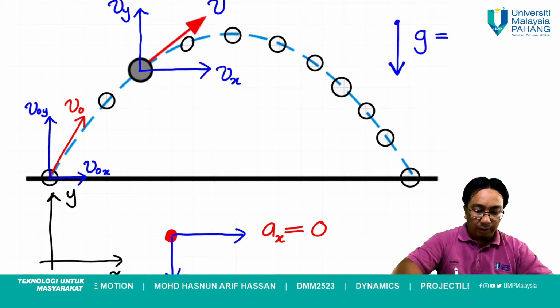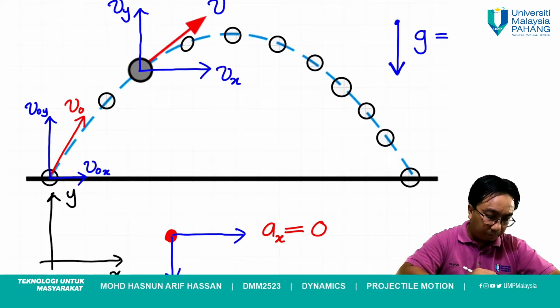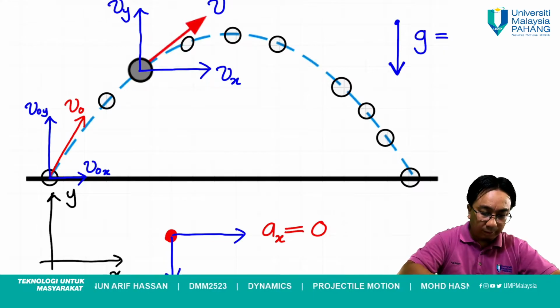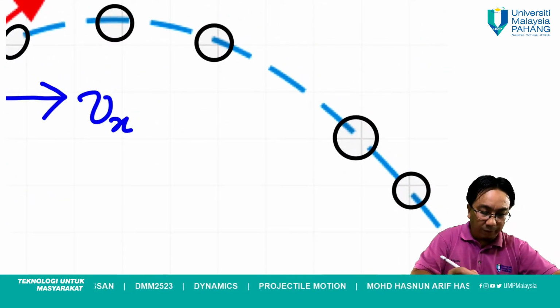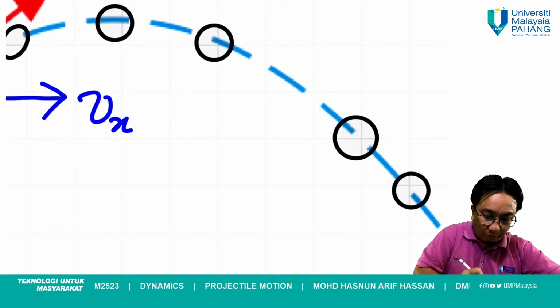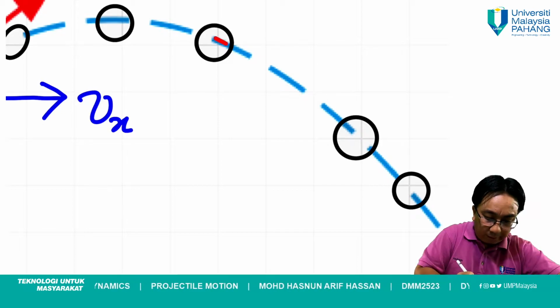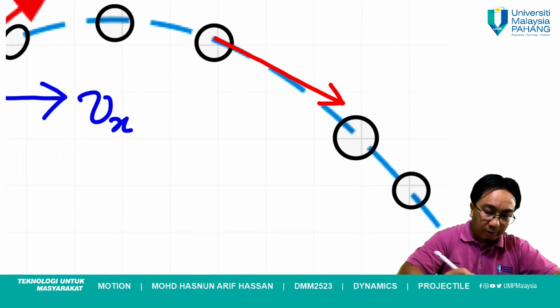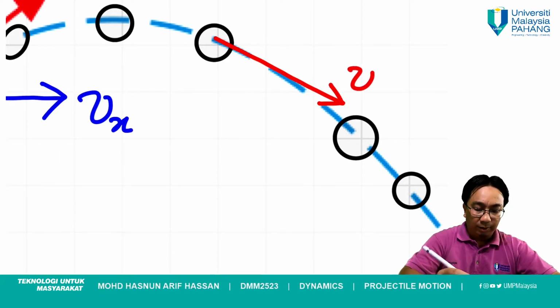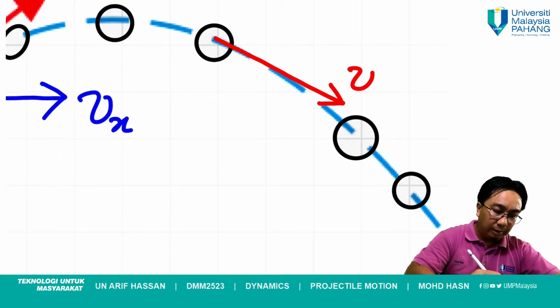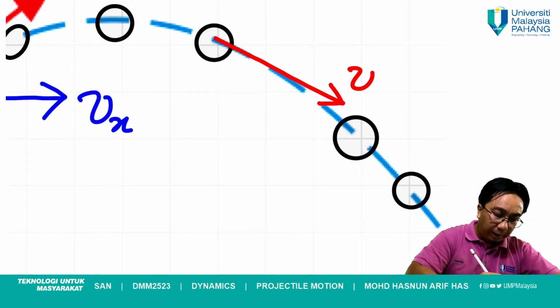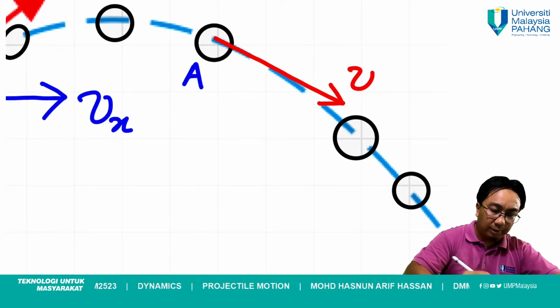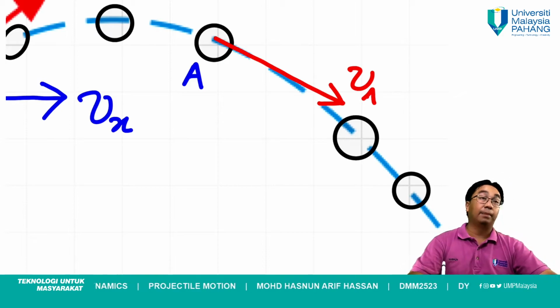Okay, pada masa ini. And then let's say kita pergi ke tempat lain pula. Let's say I will go here. Okay, di sini we will have the same thing. So the velocity will be tangent to this path. Okay, this will be the velocity. Katalah di sini ialah point A lah. So we will call this as VA.